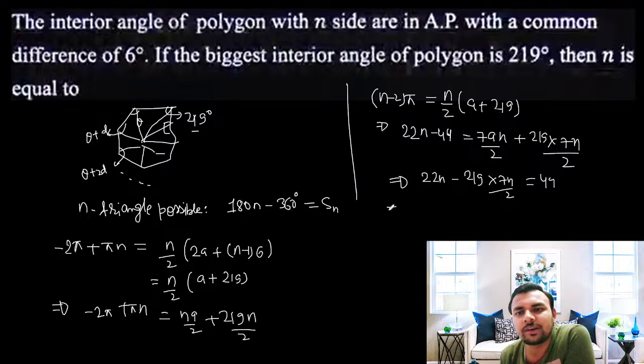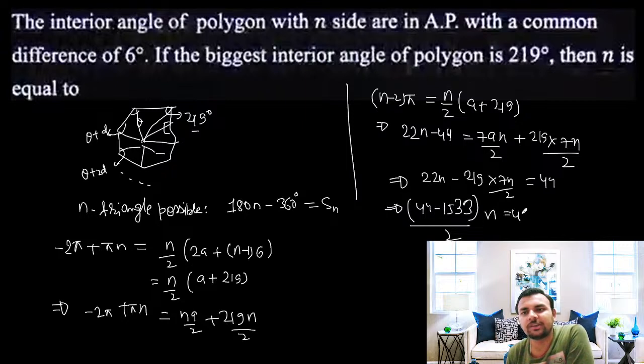Let's calculate it. 44 minus 963 into 7 by 2 is n, and this is 44. So we are going out of some zone, but still the calculation is ongoing.